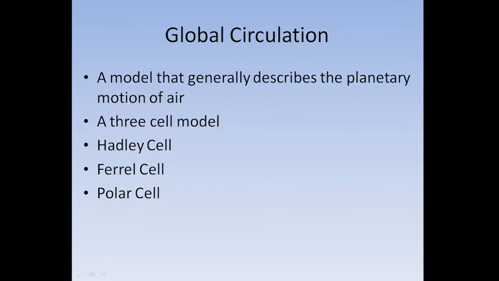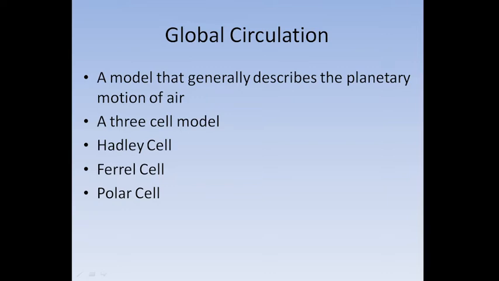Global circulation is another important factor. Now, these are found to not impact weather as much as was initially thought, but it gives you an idea of where the jet streams form and your subtropical highs and your Aleutian lows.